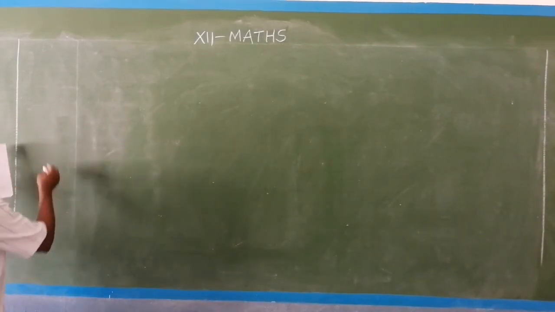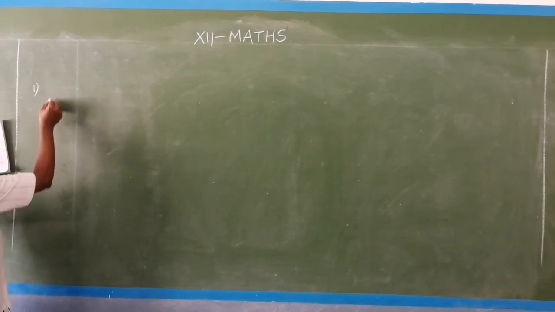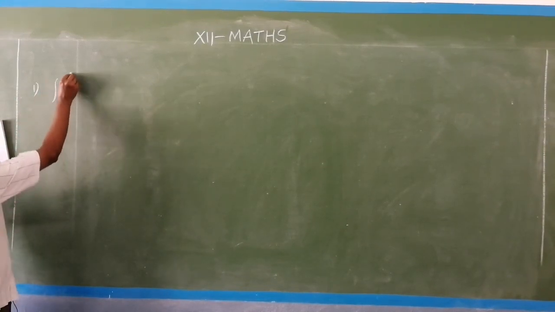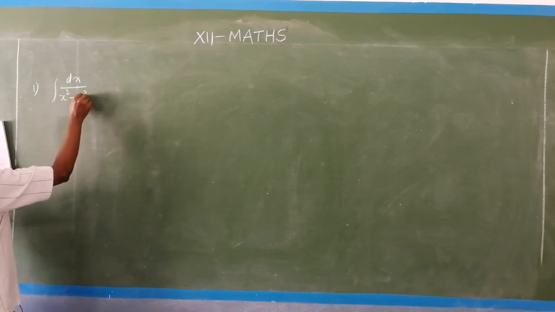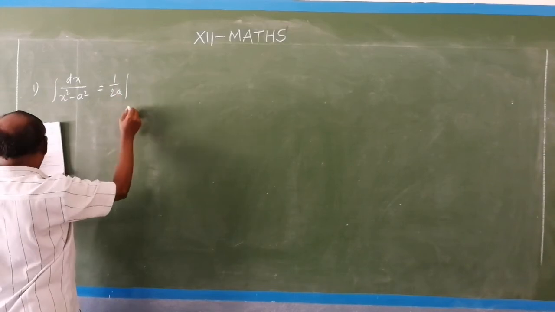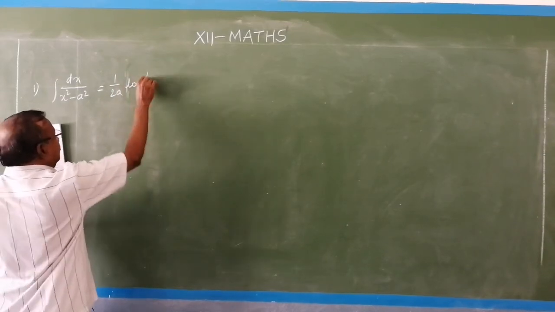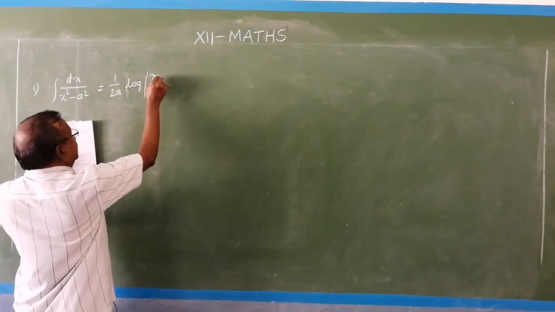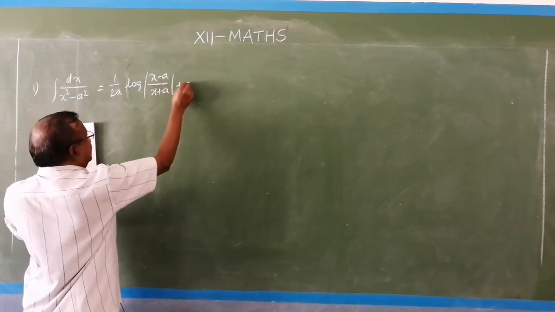First one is integral dx divided by x square minus a square equal to 1 by 2a into log of modulus of x minus a by x plus a plus c.